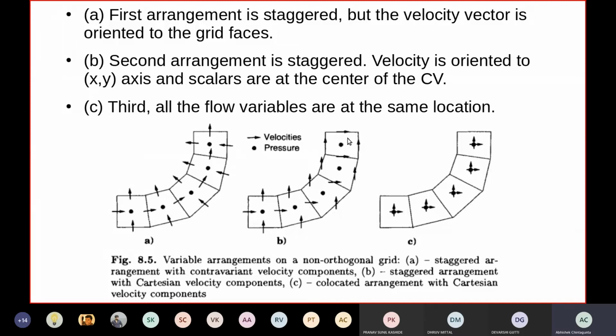As the grid is changing its direction, your velocity component is still stored in the same way. Even though you have some velocity in this direction, it is not going to change the pressure here, isn't it? Say you have 1 meter per second here and 2 meters per second here. This velocity difference is not going to change the pressure here.